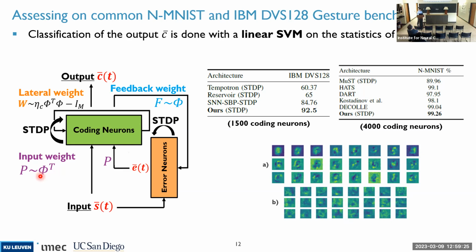So now that we have this network, we want to try it on classical neuromorphic benchmarks, and we used two datasets. The first one is the neuromorphic MNIST dataset, which is in fact like the MNIST dataset, but recaptured using an event-driven camera.